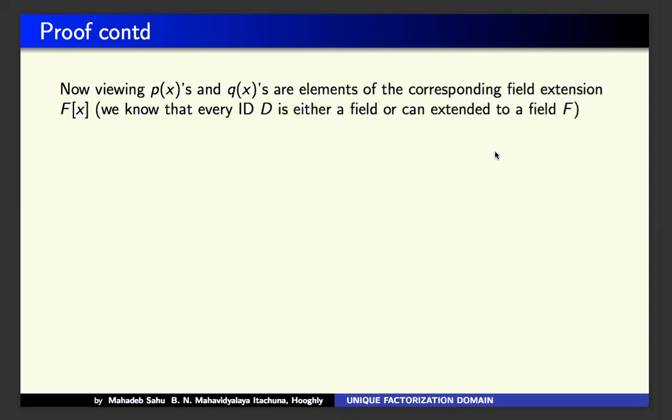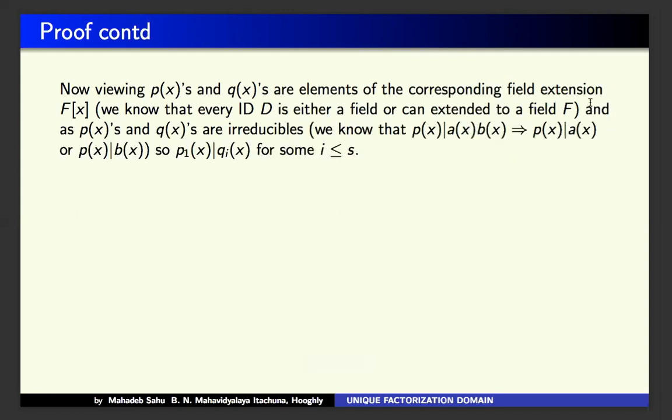Just as if you see Z, then you can think of Q. So if it is in Z[x], then you can think of it in Q[x].